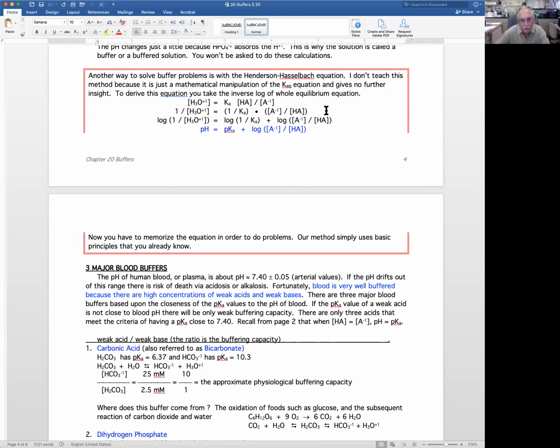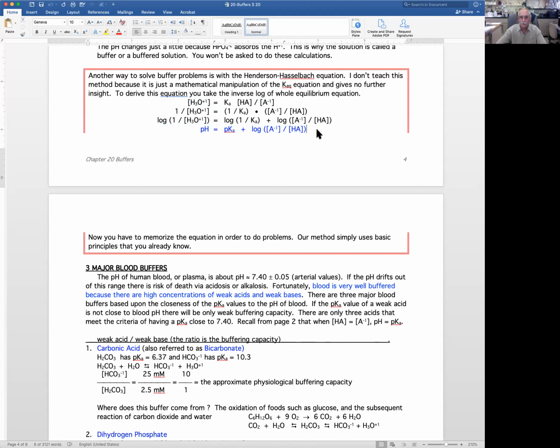Then if I take the logarithm of that, notice that the log of multiplication becomes addition. But now if I look at this, this is the definition of pH. This is the definition of pKa. And this is just what it is. So all we've done is taken this equation that we were using and convert it into a different form using inverse log.